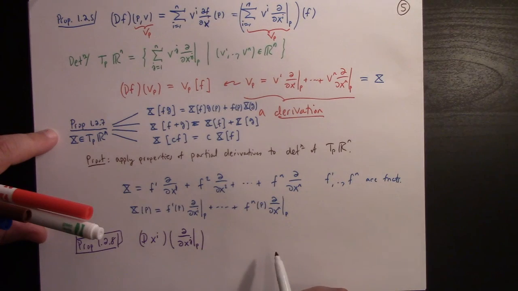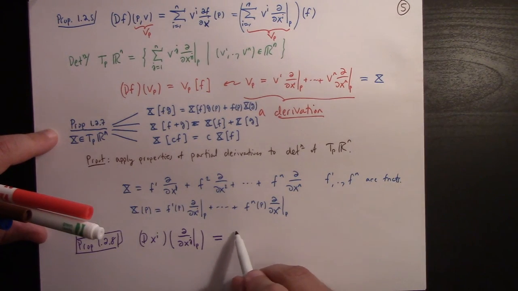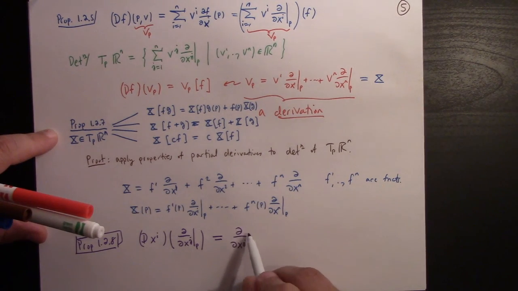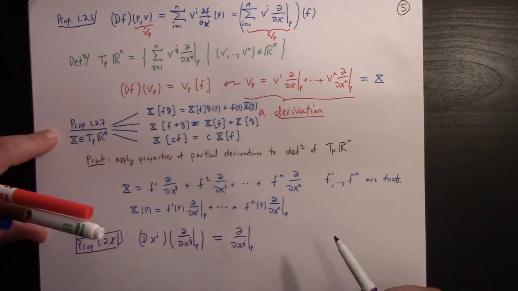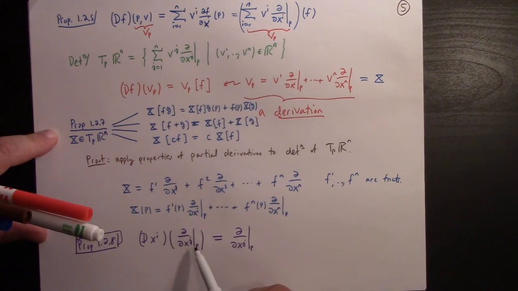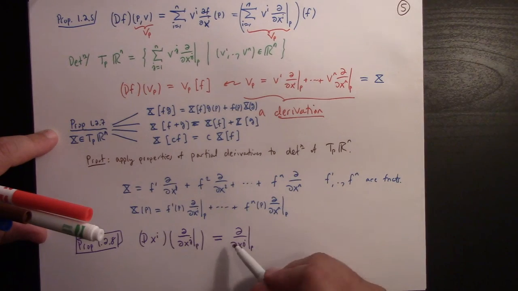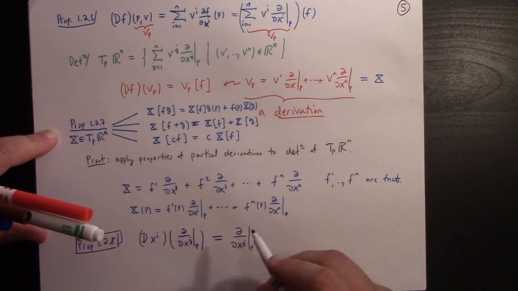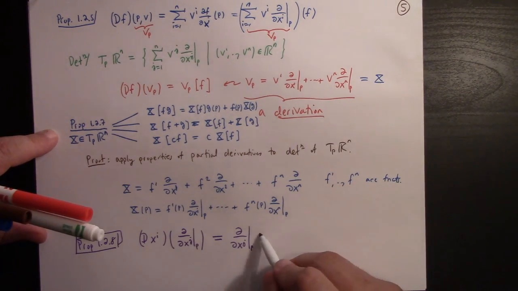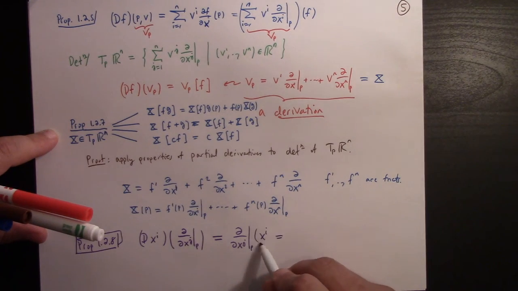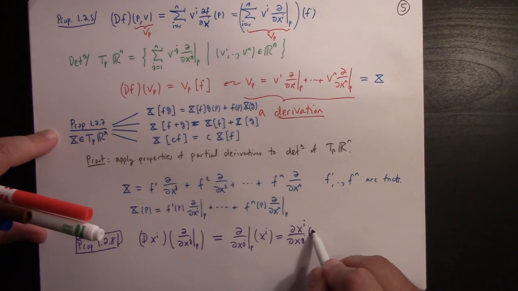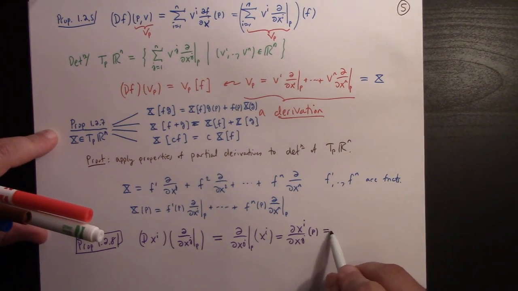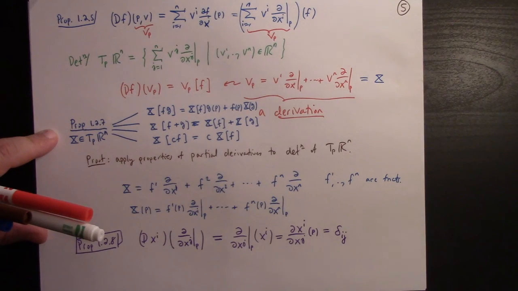Well, it's not by definition, it's by the proposition 1.25 we just worked out. So we take the vector, viewed as a derivation, and you feed it the f. In this case, f is x upper i, so I feed it x^i, right? So that's partial xj at the point p applied to x^i. Well, what's that? That's the Kronecker delta, ij, right?